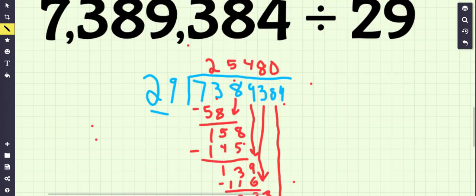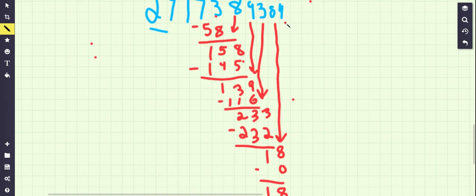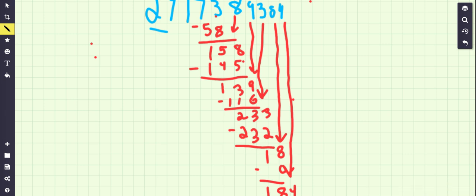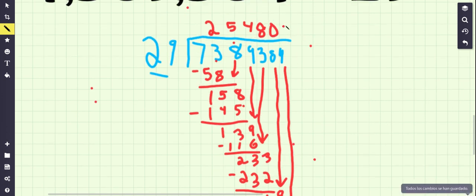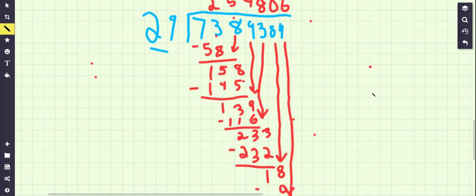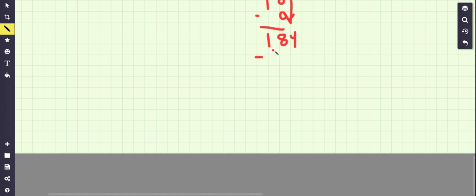So we have 184. 184 divided by 29 is about 6 times. 29 times 6 is 174.